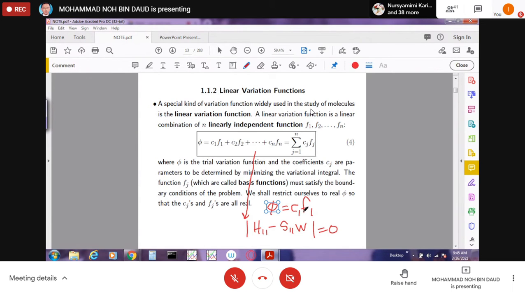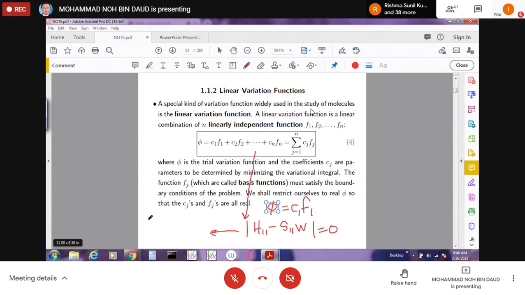One basis function, we only have one linear homogeneous equation, with the non-trivial solution being a one by one secular determinant.